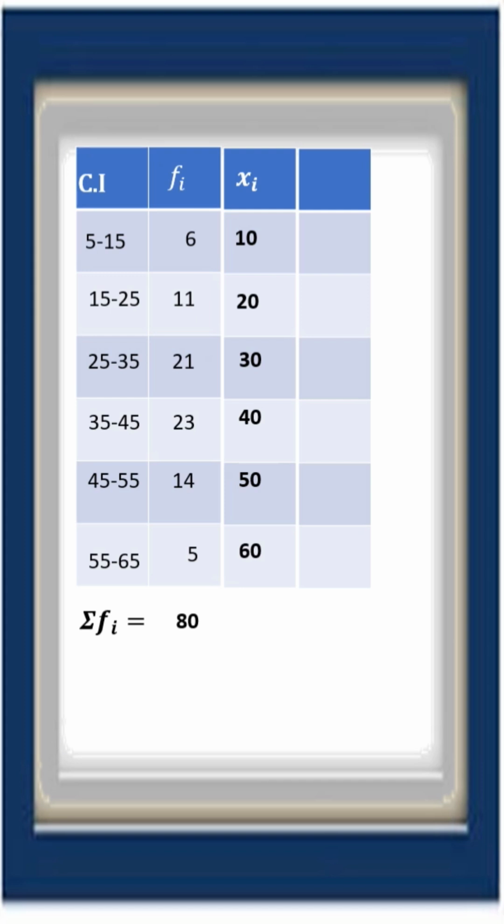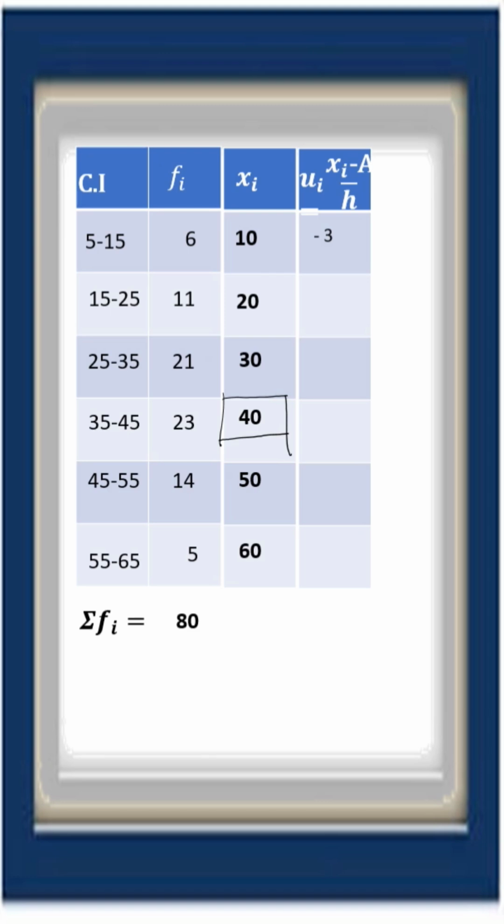So we are creating one more column for ui, which is equal to (xi minus a) upon h. Here a is 40. Let us assume 40 as a. 10 minus 40, what is it? Minus 30. Minus 30 by 10, what is it? Minus 3. 20 minus 40, what is it?